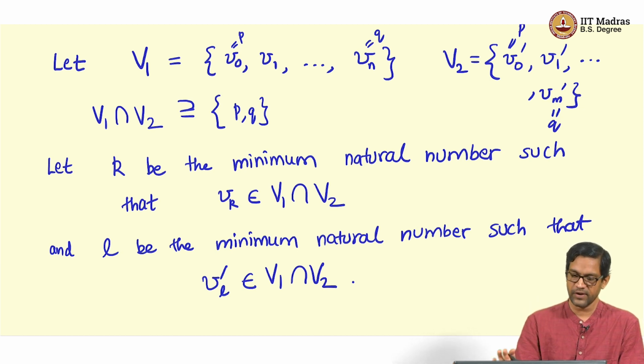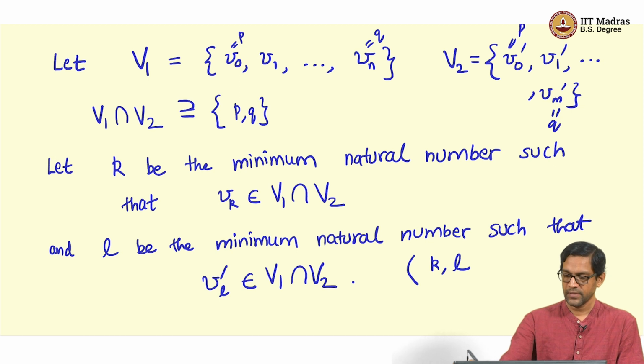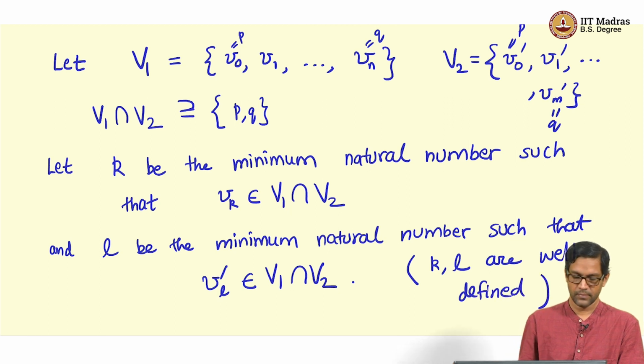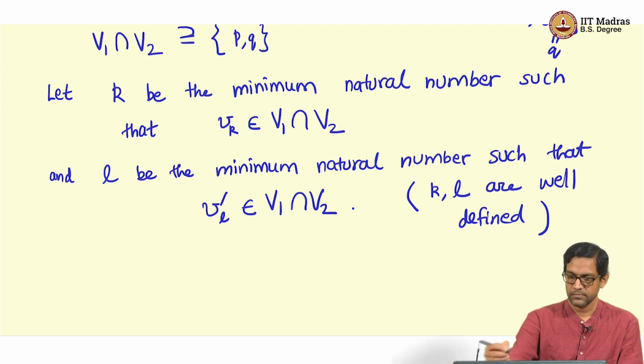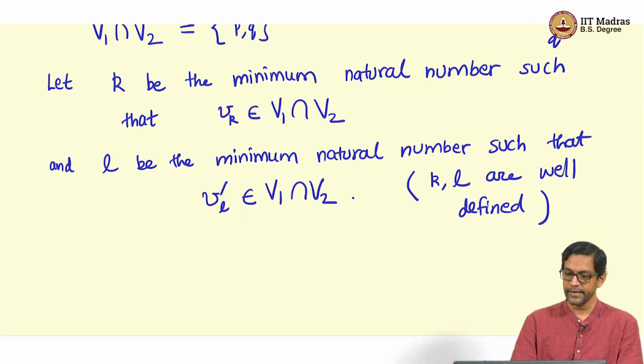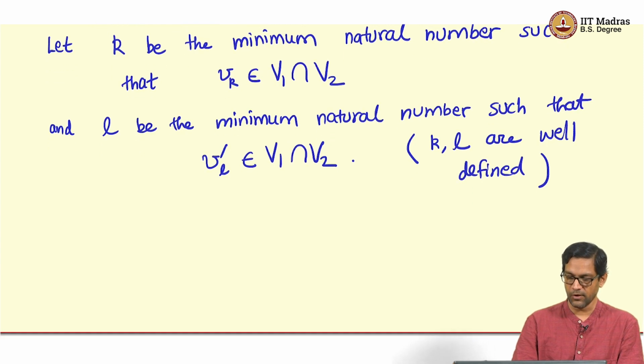So we can surely find such k and L. That is another important thing to always check. So observe k and L are well defined, they make sense. This sort of verification is an important detail that one should take care of.